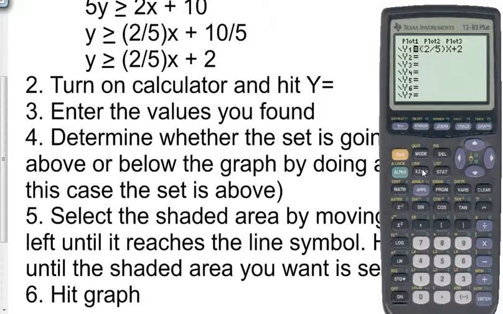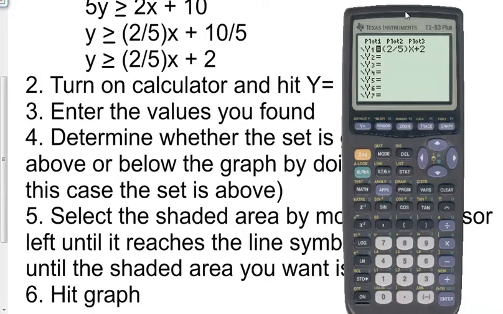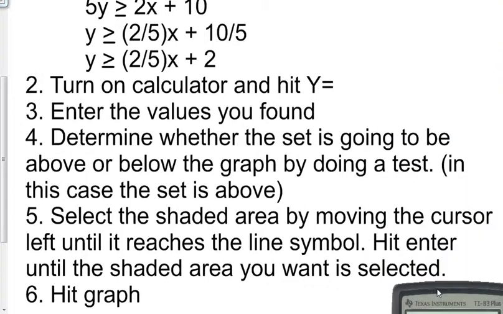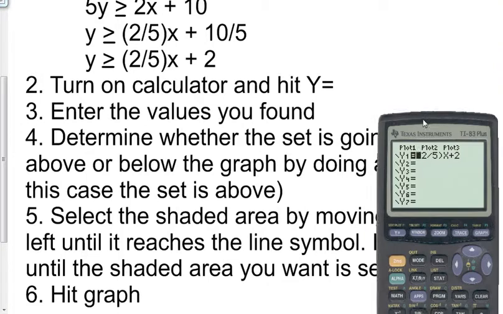Next, I need to determine whether the set is going to be above or below the graph by doing a test. I'm going to test 0, 0. In this case, I've already done that because I've drawn this out by hand, so I know that my solution set is going to be above. So what I have to do next is select the shaded area by moving the cursor left until it reaches the line symbol.